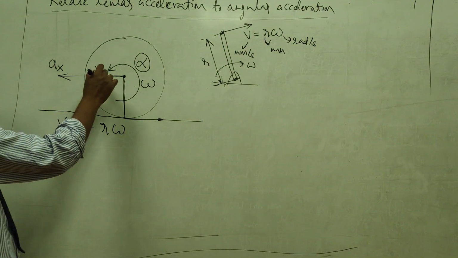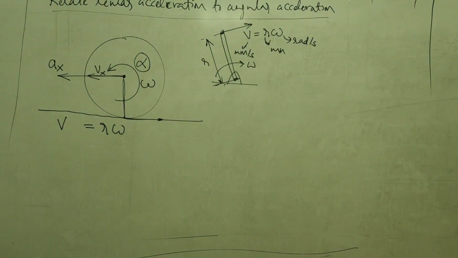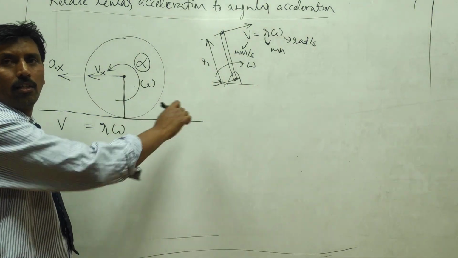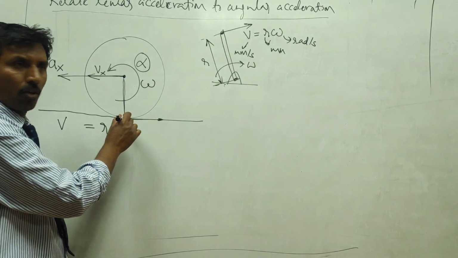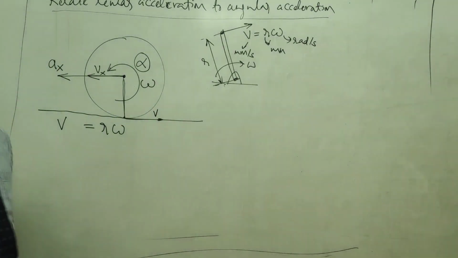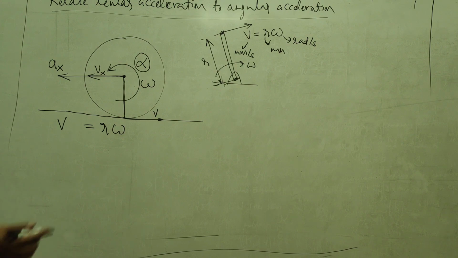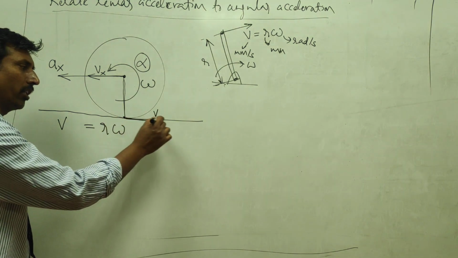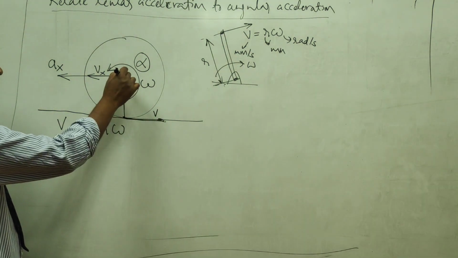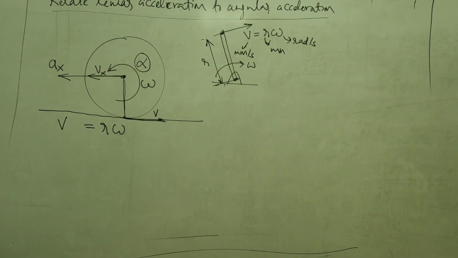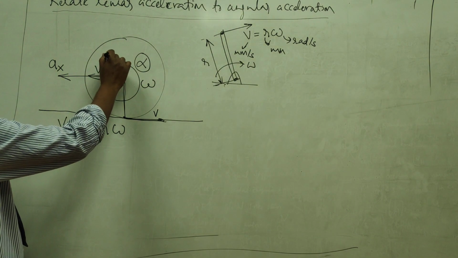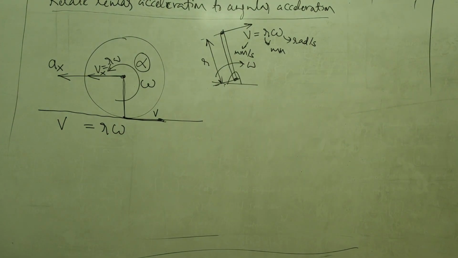You can call it Vx because it is in the forward direction. The same velocity is at the bottom here. Okay, that's again v. So both are equal. So however much this wheel moves backward this way, the center of the wheel goes forward this way. So you can say that this Vx is nothing but r omega. So Vx, basically the velocity of the wheel, is given by r omega.